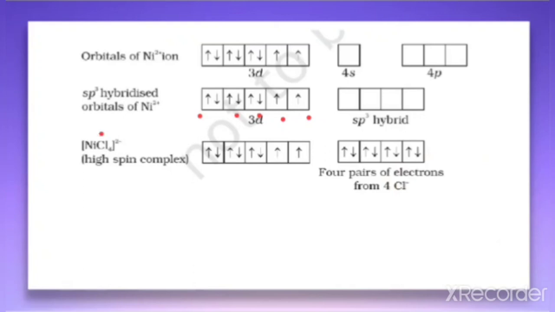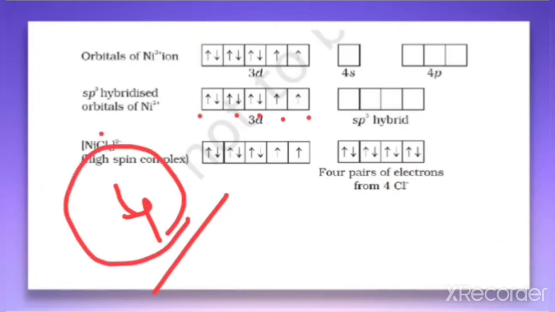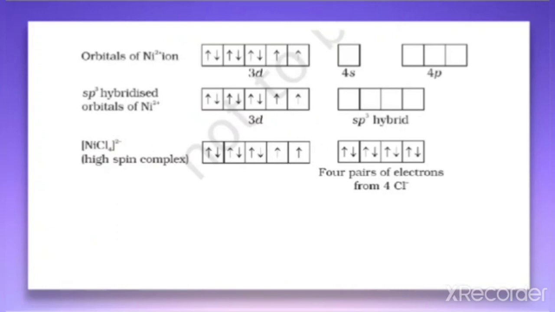So here 4 is the coordination number. 4 is the coordination number. So how many vacant orbitals are required? 4 vacant orbitals are required. Here, depending upon the number of ligands, the vacant orbitals are required for bonding. Here 4 Cl are there.